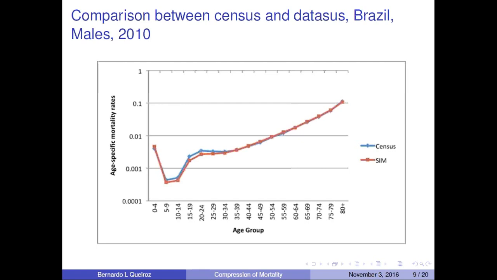This is just for males, and the main thing we can see is what's happening at young ages. Census data reports a little bit more deaths than vital statistics. Probably the main reason is that the same death is being reported by 2 or more households.